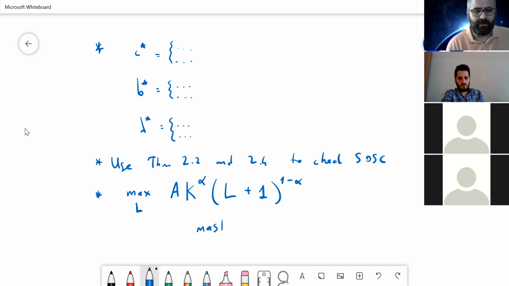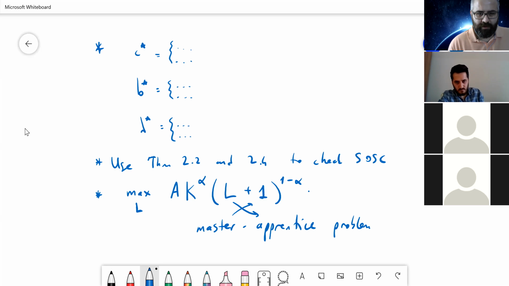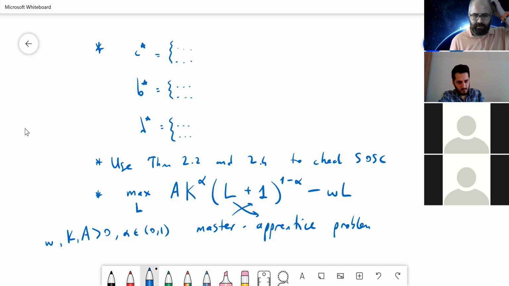So this is the master apprentice problem. So this 1 unit of labor is master's. These are apprentices. So this is the profit. So A is positive. Alpha is between 0 and 1. K is also positive, capital stock. And real wage is also positive. All right. Now solve this problem.